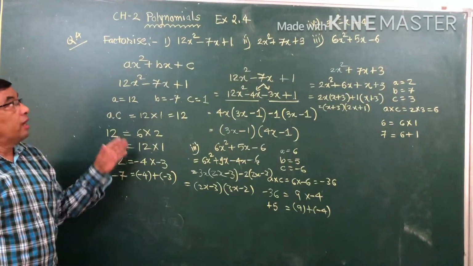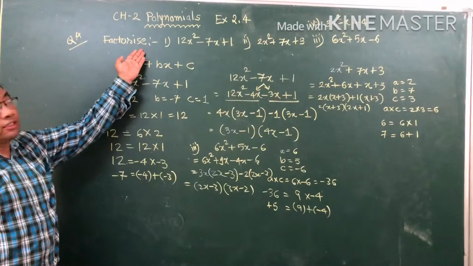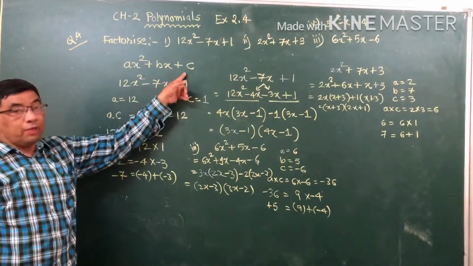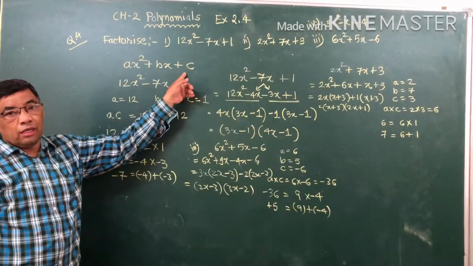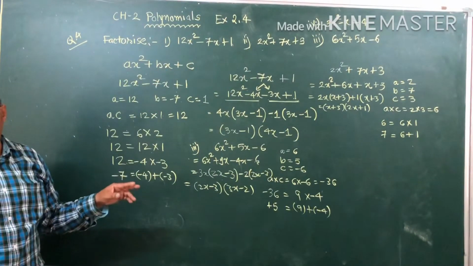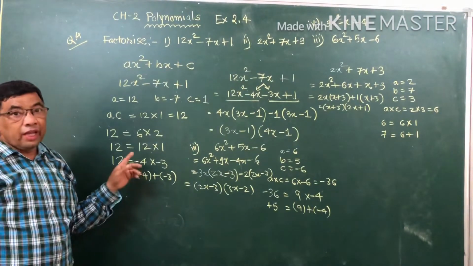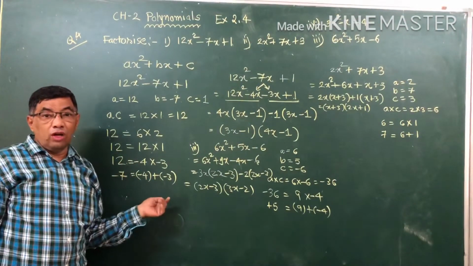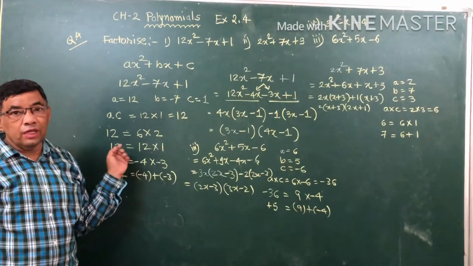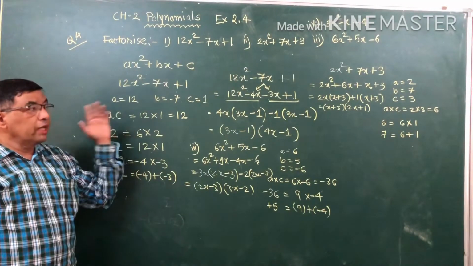So this way any factorization sum which is in the form ax square plus bx plus c is to be solved. A into c, whatever is coming, you want two factors of it. By adding those two factors you get b.